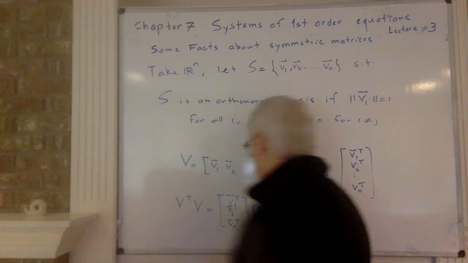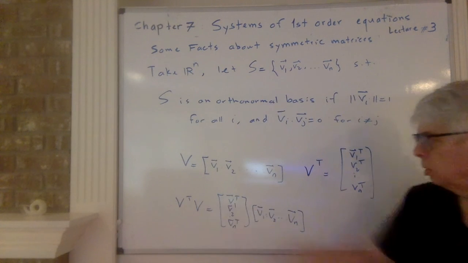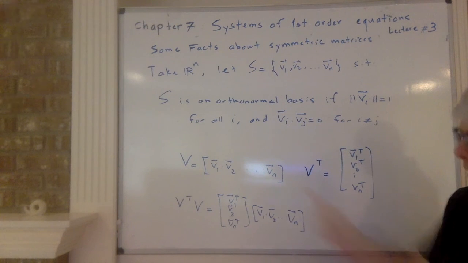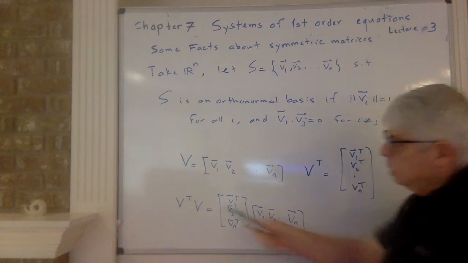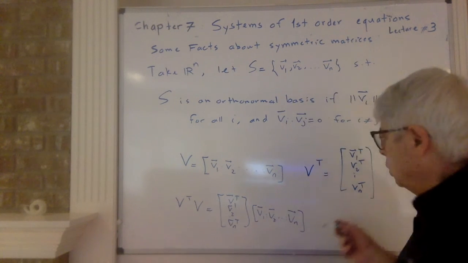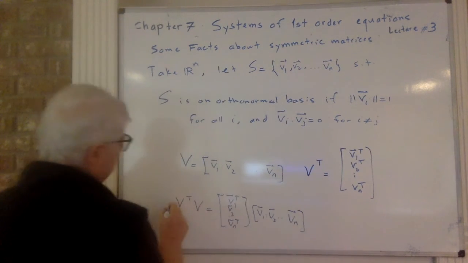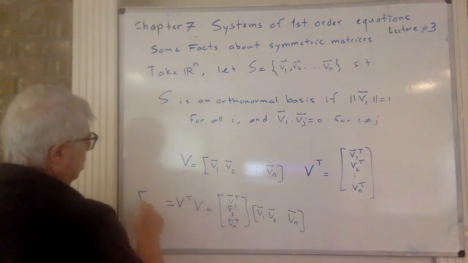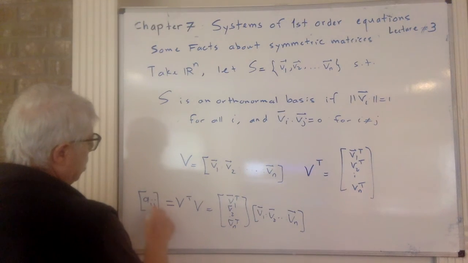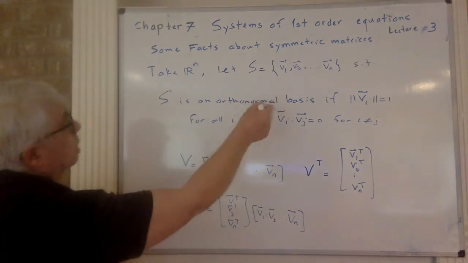So what is the ij entry of this? If I set this to be Aij, well, I know this is n by n.